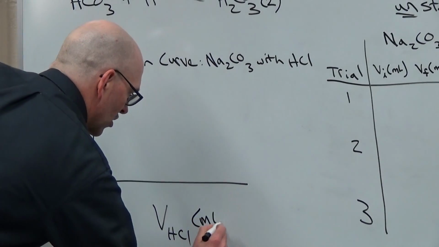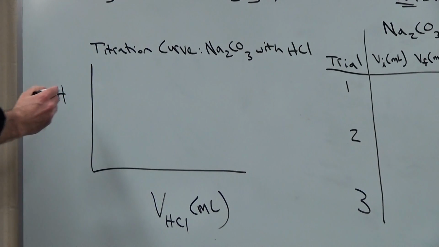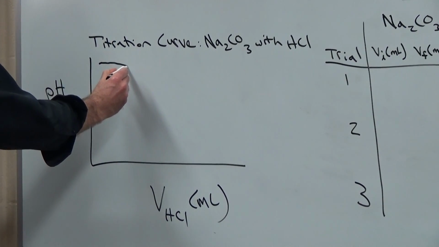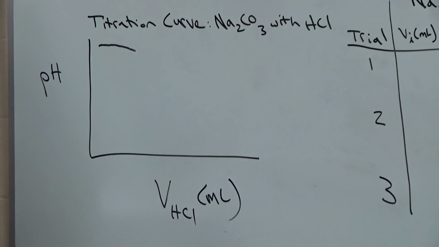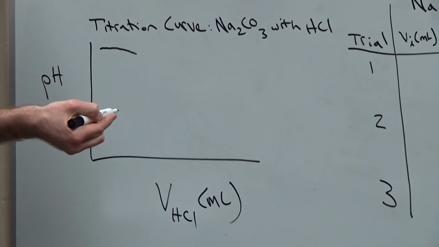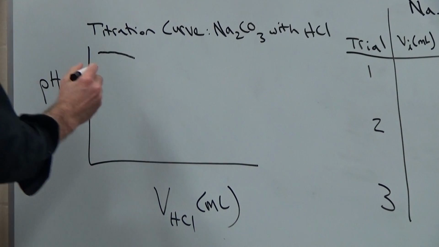So here's what it would look like, and I think this kind of makes sense. So sodium carbonate's a base, so it starts off at high pH. As you add HCl, the pH starts to drop. When you get close to this first equivalence point, also called endpoint, remember endpoint is the color change, equivalence point is when the moles are matched up.